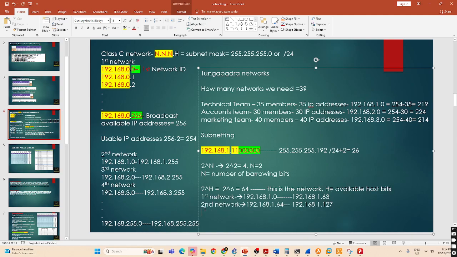Next, the fourth network: 192.168.1.192 to 255.